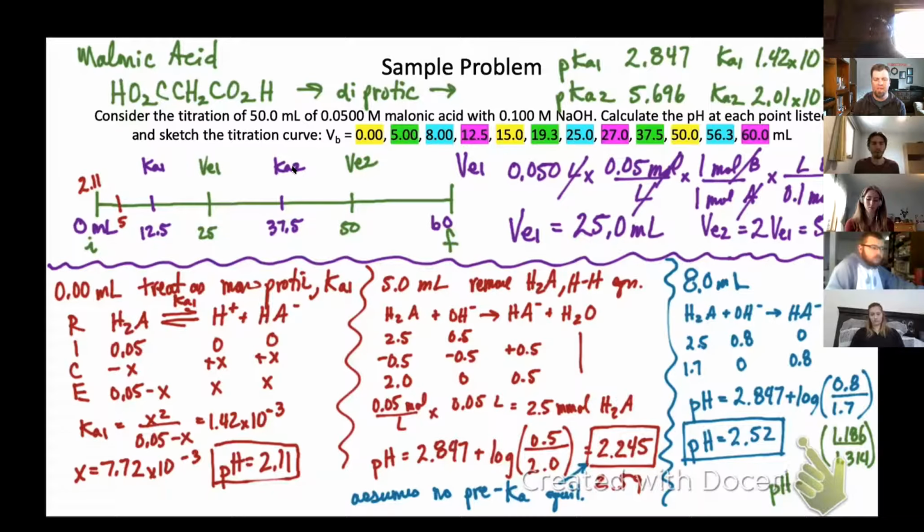And so we end up getting negative values coming out of the log, right? Okay, so that math looks basically the same. We know that we can only go up to where we have this 2.5 millimoles. And stoichiometrically, that comes at what point?